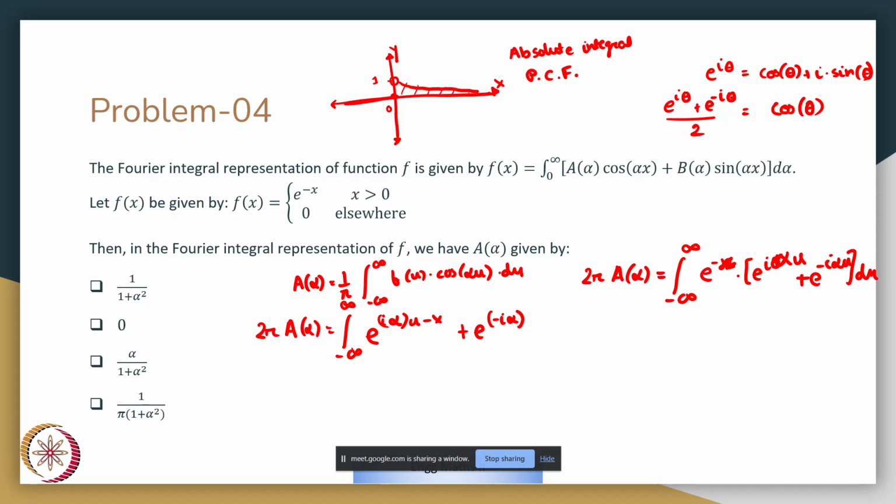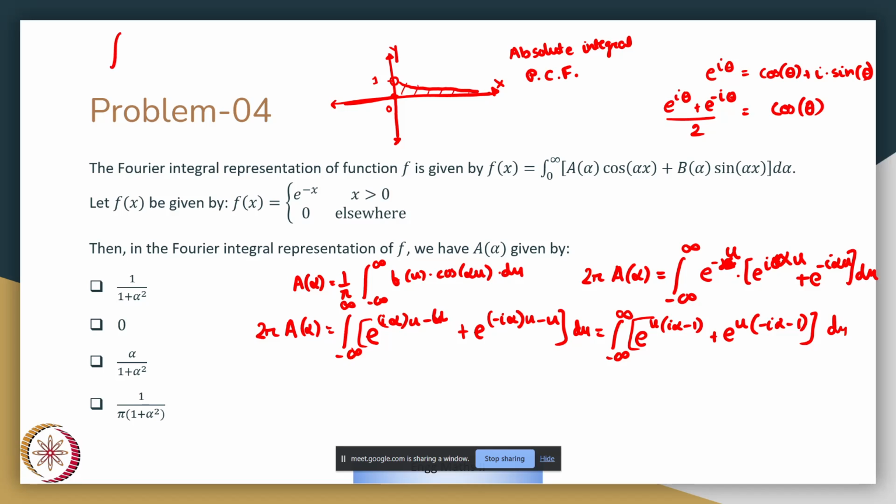Sorry, this should be f of u, not x. So it is the integral from minus infinity to infinity of e raised to u times (i alpha minus 1) plus e raised to u times (minus i alpha minus 1) du.